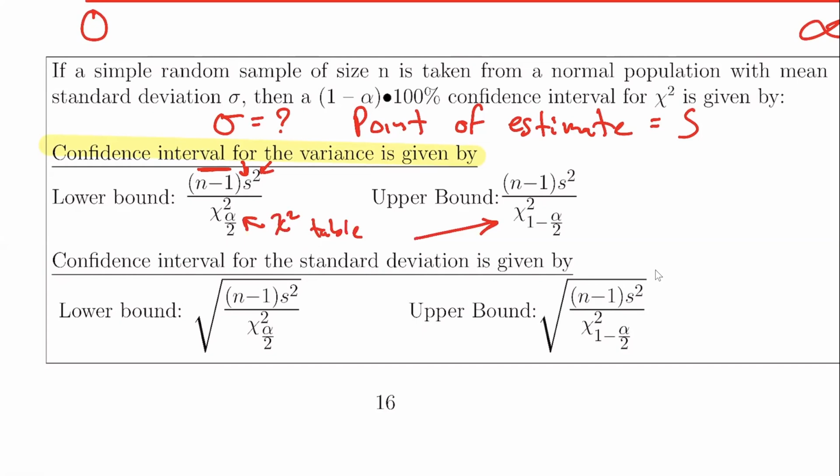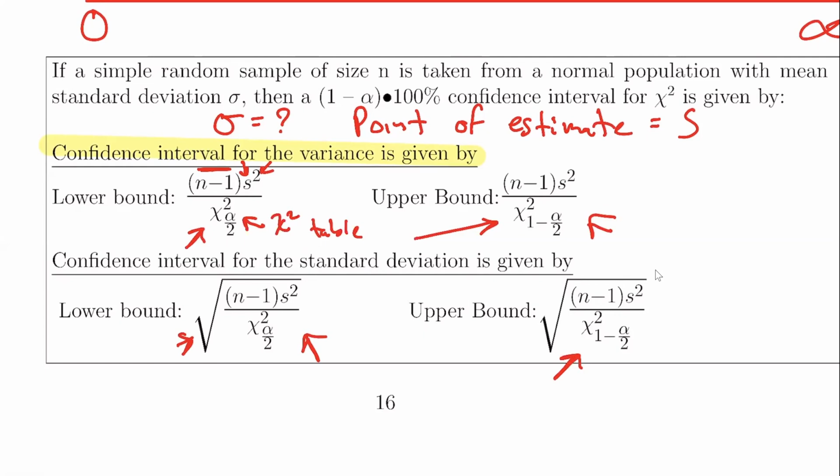All right, so let's go into the second formula. If you look at the difference between this formula and this formula, the only thing different is the square root. Anytime you have the variance, if you want to make it into a standard deviation, you have to take the square root of it.